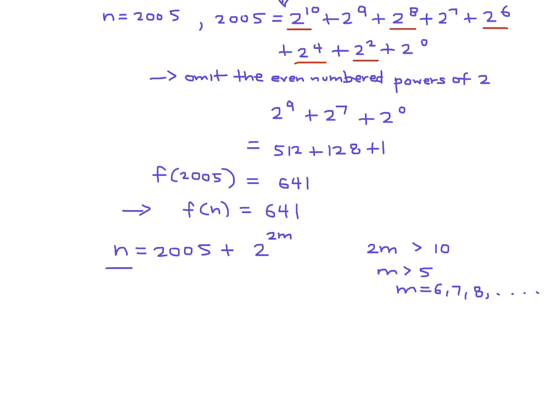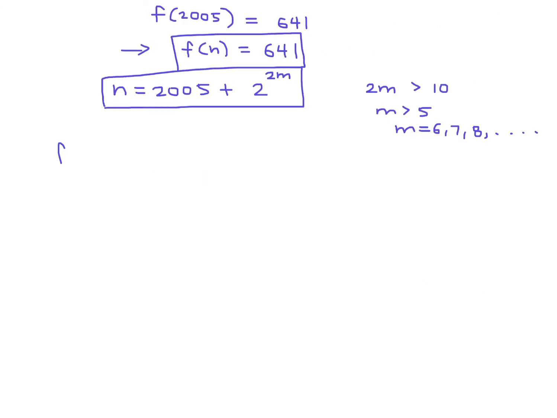So if n is in this form, then whenever you compute f at n, it will be 641. Let's just write that out. So we've got f at 2005 plus 2 to the 2m.